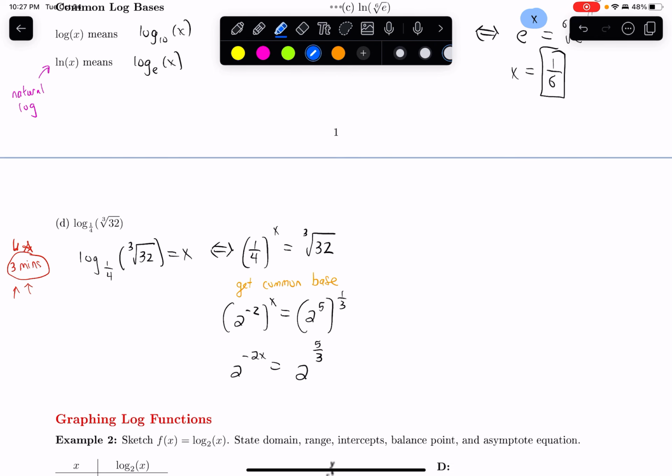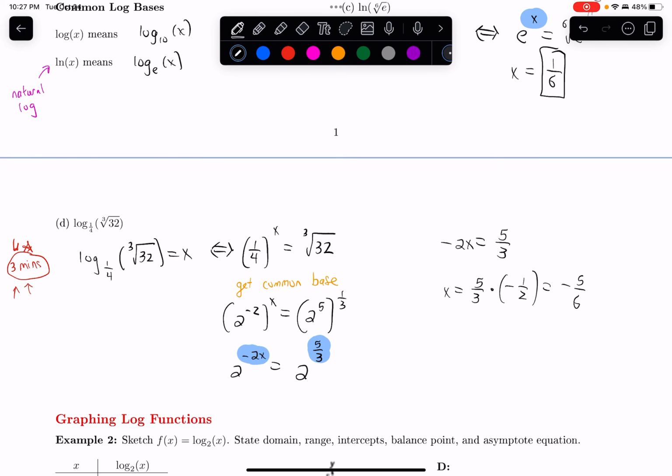Now because I got 2 to a power equals 2 to a power, the powers have to be equal. So negative 2x should be equal to 5 over 3. If I divide by negative 2, which is the same thing as multiplying by negative 1/2, I get negative 5 over 6.